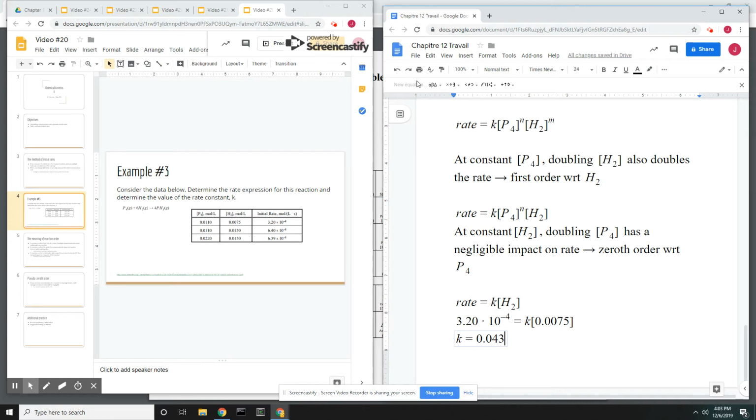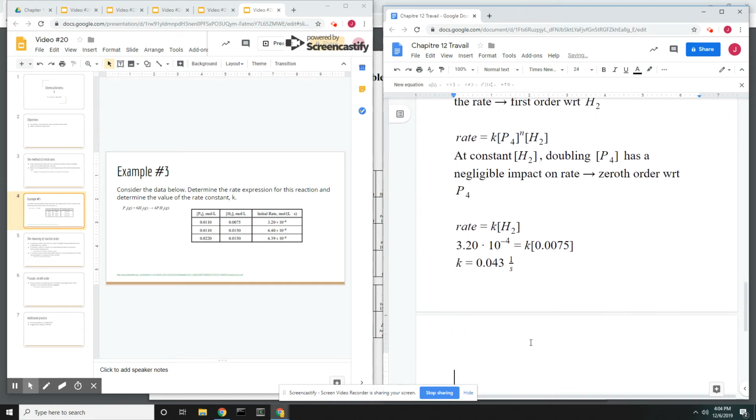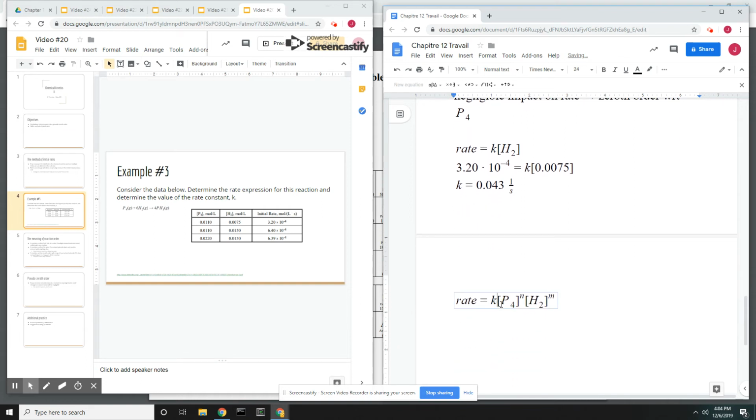And then the unit of time here was in seconds. This is a first order reaction, so my unit has to be 1 over seconds. So then just to put it all together, I take my rate expression. Now I know what k is. I can just erase this whole P4 because it's zeroth order with respect to P4. And now I can just replace that coefficient with a 1, or I don't even have to label it at all.